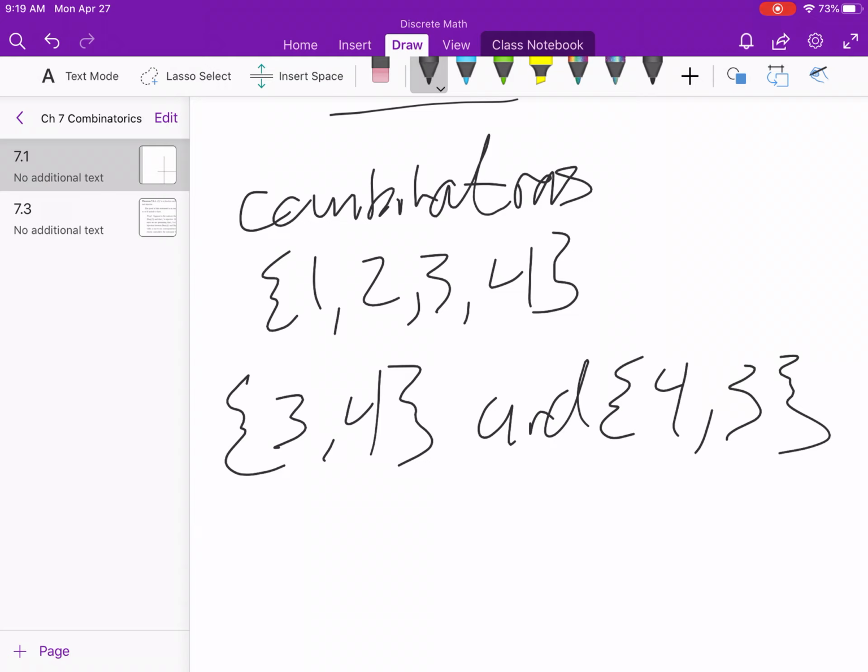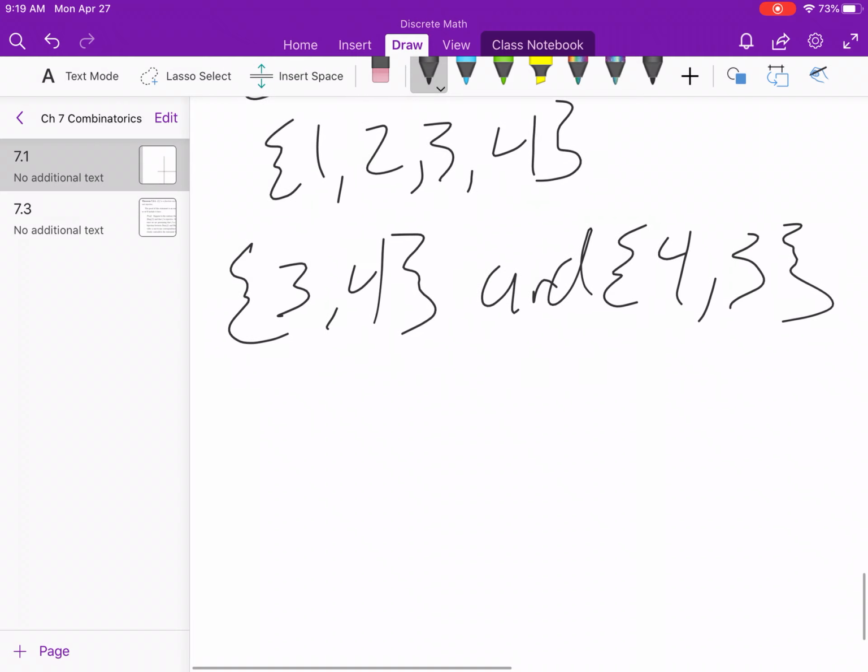In this case, the order that I'm taking the 3 and the 4 actually does not matter. So we have to account for how many things are actually going to do this.